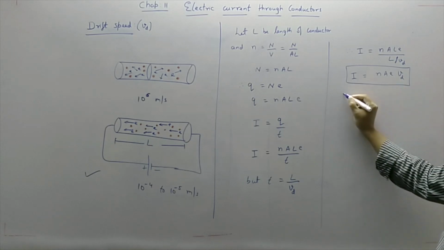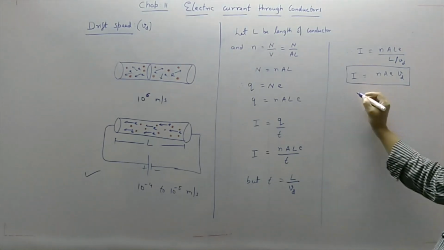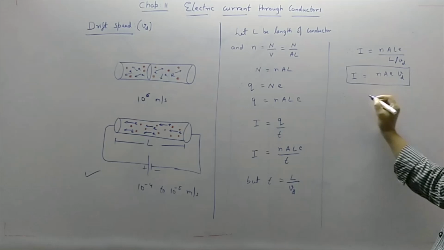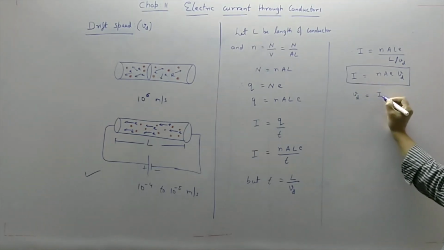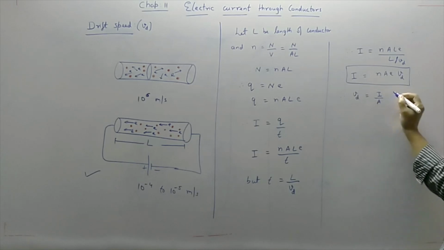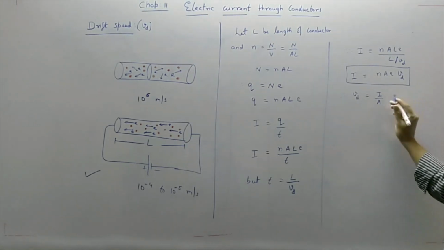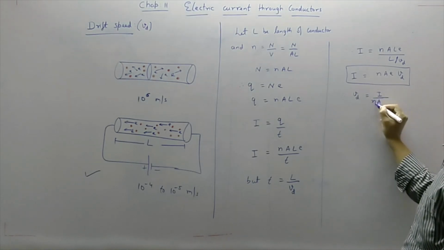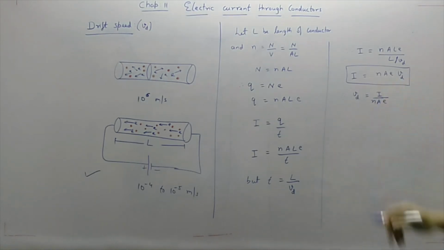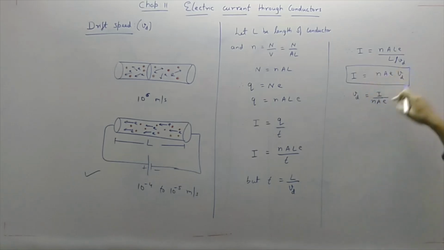Now Vd can also be written as I upon nAe, so Vd is equal to I upon nAe.